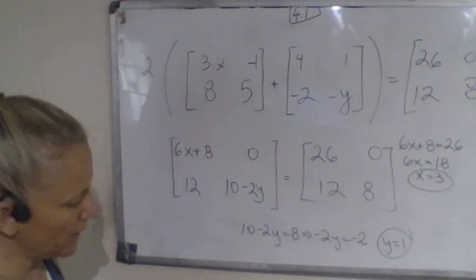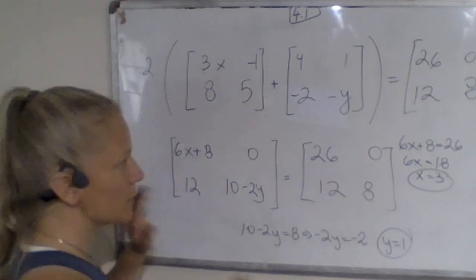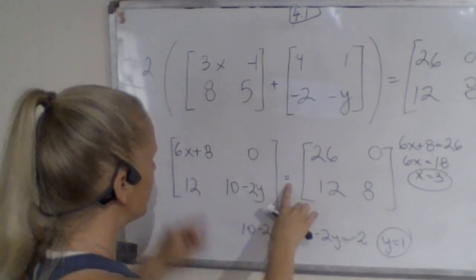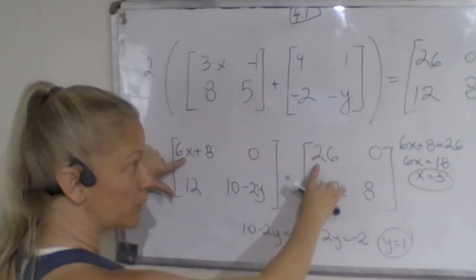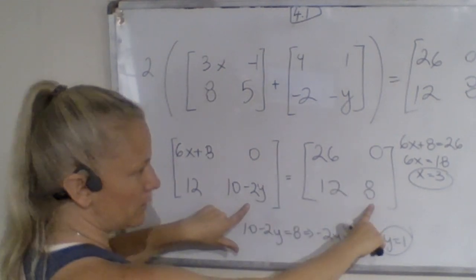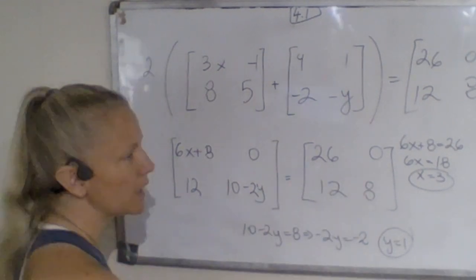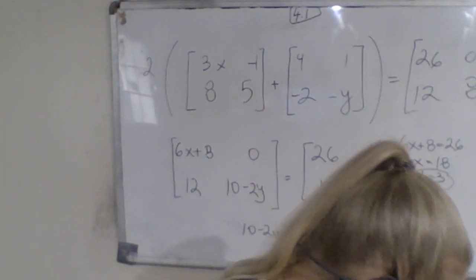So your x is 3 and your y is 1. How did we do this? As soon as we know it's an equality, the first row, first column needs to equal the first row, first column. The last row, last column needs to equal the last row, last column. It just becomes a basic equation. And then we solve them and figure that out, okay?